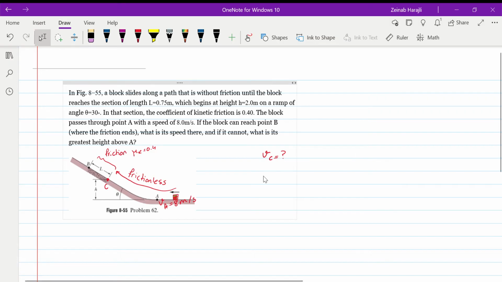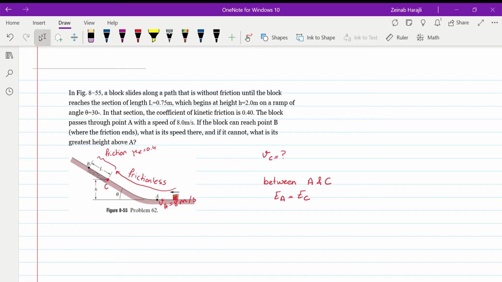So between points A and C, we know that the mechanical energy is conserved. Now at A, the only kind of energy we have is the kinetic energy. Of course, we are selecting point A to be our reference level for the gravitational potential energy.